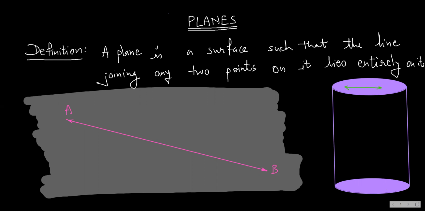But we have one surface which is circular, which is a curved surface.